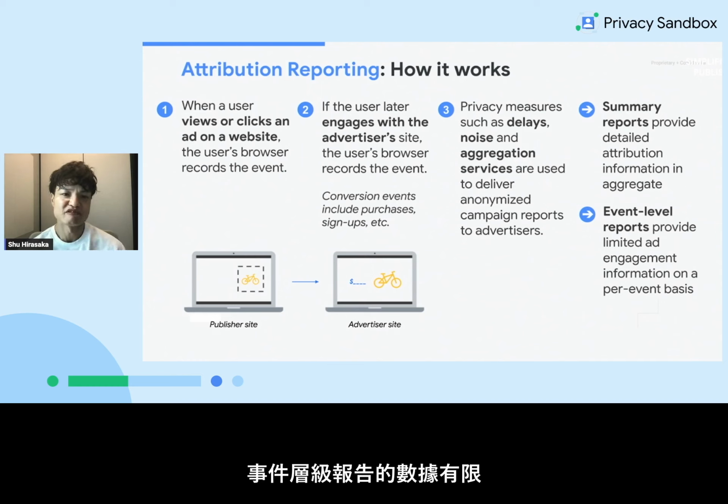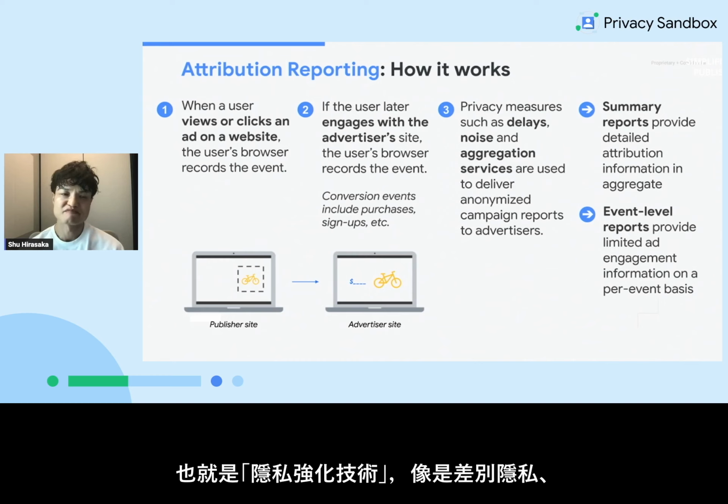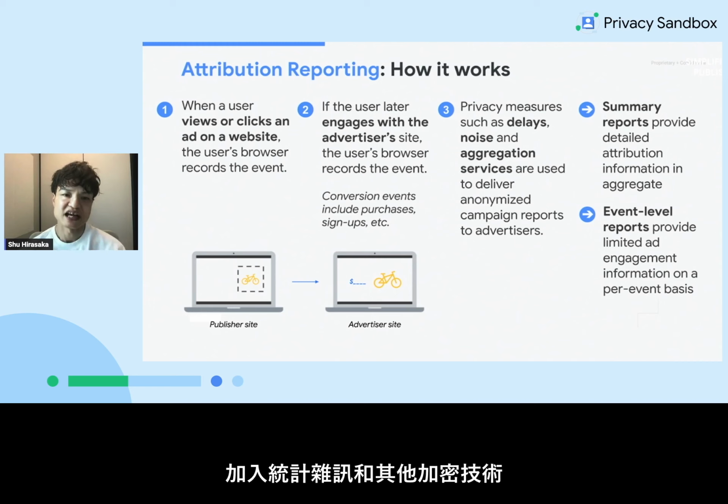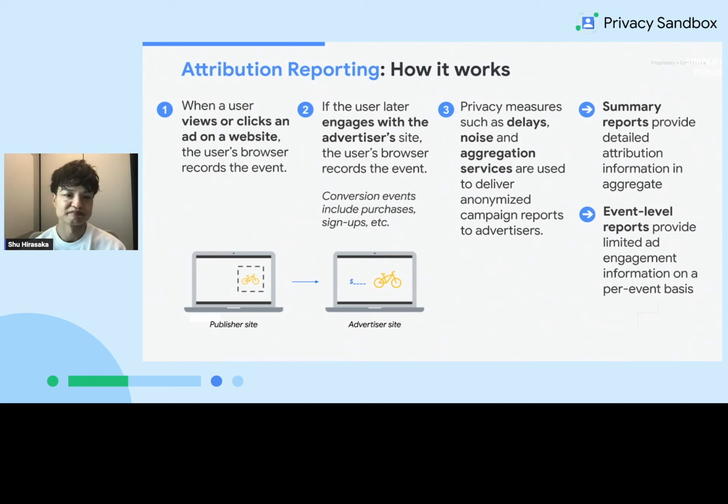The event-level reporting has limited data, but these reports also leverage what we call PETs, privacy-enhancing technologies, such as differential privacy, adding statistical noise and other encryption techniques, with the aim to reduce the risk of identity being joined across sites.